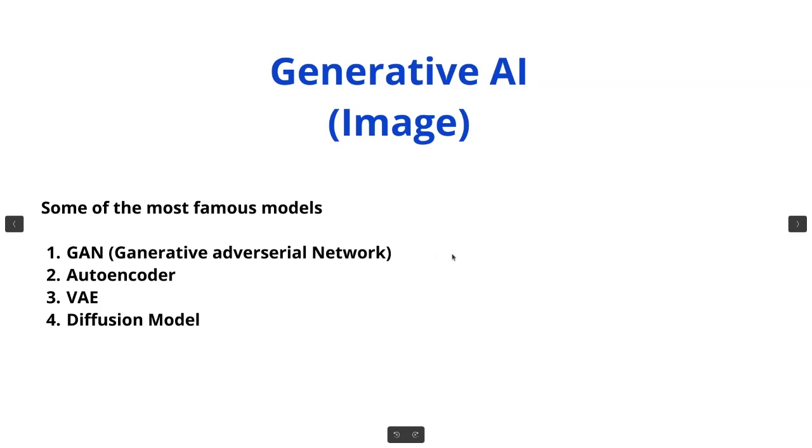In this introduction section we look at both GANs and the diffusion model and learn the basics, so don't worry about that. But in depth we only cover the variational autoencoder.